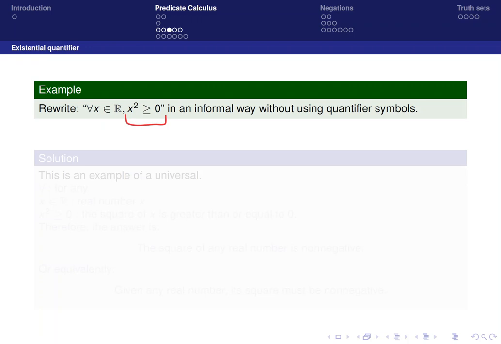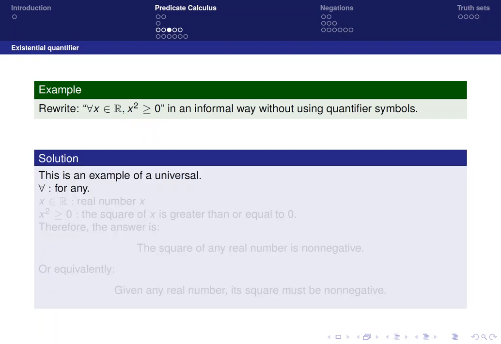Because I'm seeing the for all symbol, I know that this is going to be an example of a universal statement. The words "for all" are going to be written first, then x belongs to R means that I'm dealing with a real number. So for every real number, x squared is greater than or equal to 0 can be translated in words to mean the square of x is greater than or equal to 0.